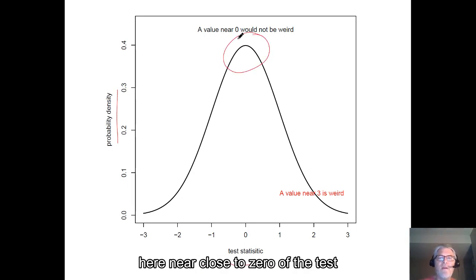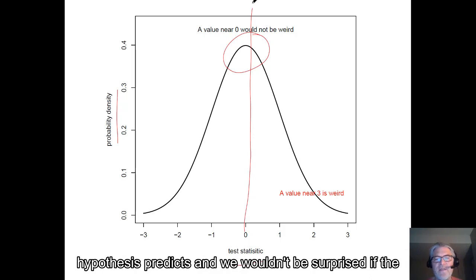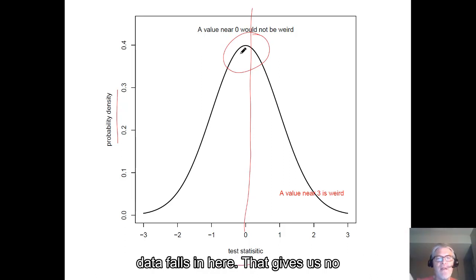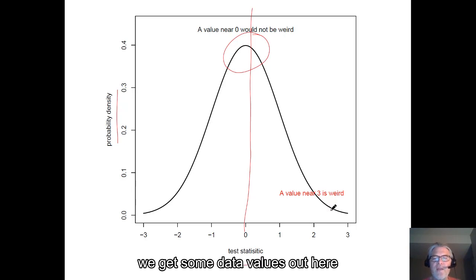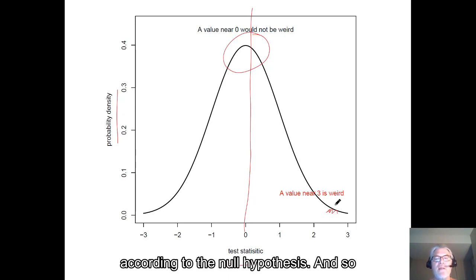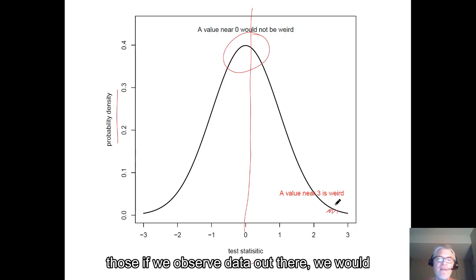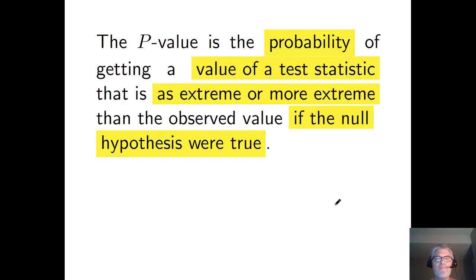It's saying values up here close to 0 of the test statistic, those are exactly what the null hypothesis predicts, and we wouldn't be surprised if the data falls in here. That gives us no reason to doubt the null hypothesis. But if we get some data values out here near 3 or something like that, those are very unusual according to the null hypothesis. And so if we observe data out there, we would suspect that maybe the null hypothesis is not true.